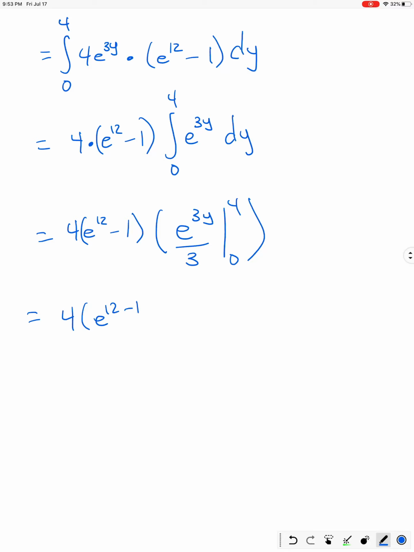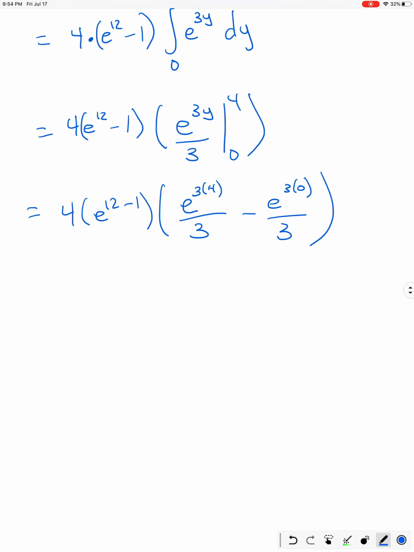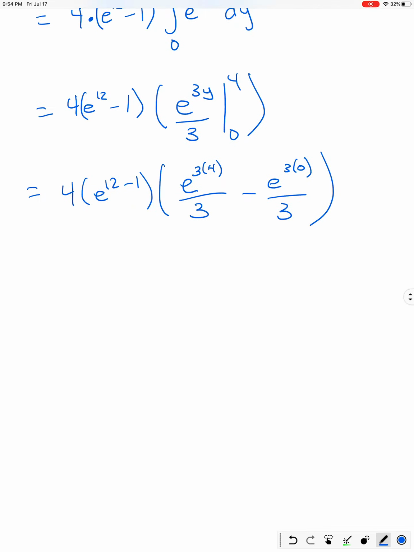So I have 4 times e to the 12th minus 1, and then e to the 3 times 4 divided by 3, minus e to the 3 times 0 divided by 3, from the fundamental theorem of calculus.